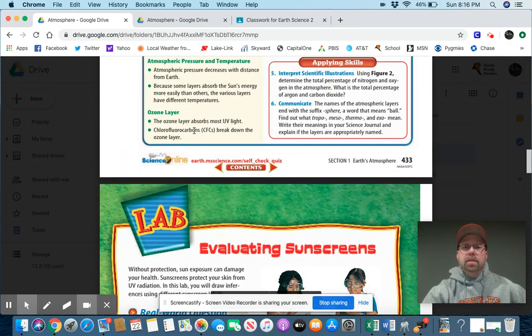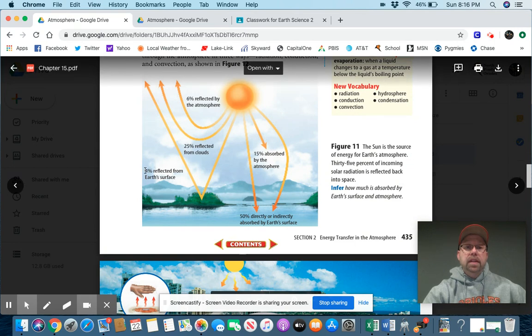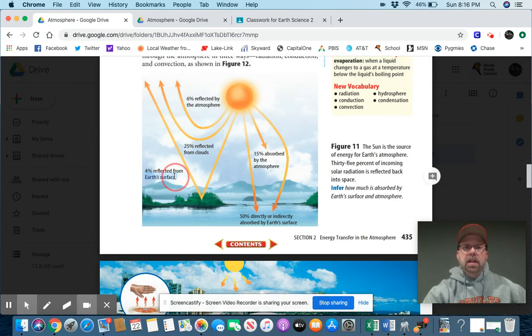Moving back to where we were. Sorry. We have the last 4% of the sun's energy that hits the Earth's surface and bounces right back up. Doesn't warm the surface much. We don't really get any benefit off of it whatsoever. Mostly that's hitting ice.